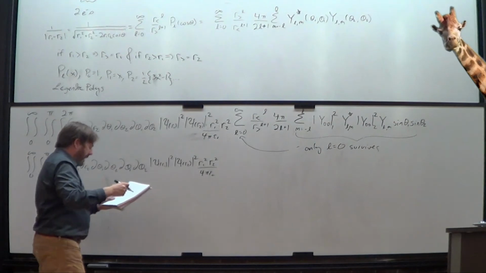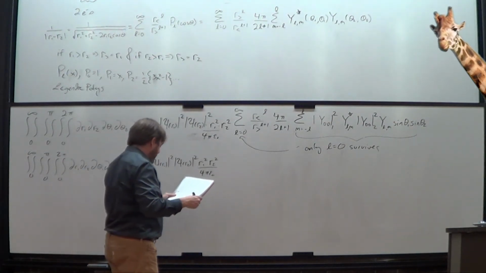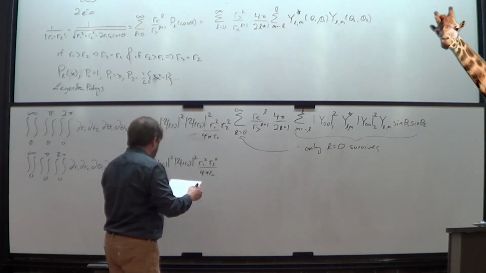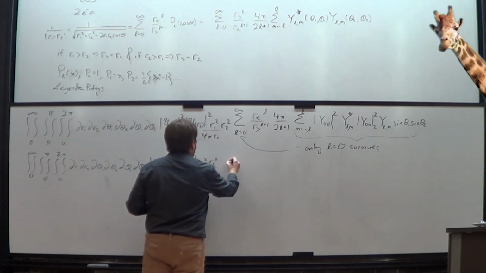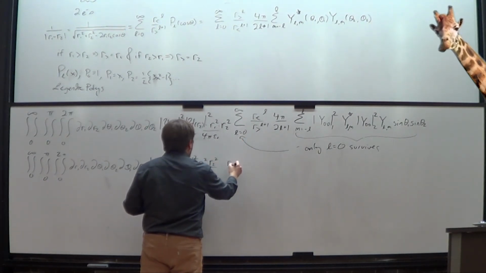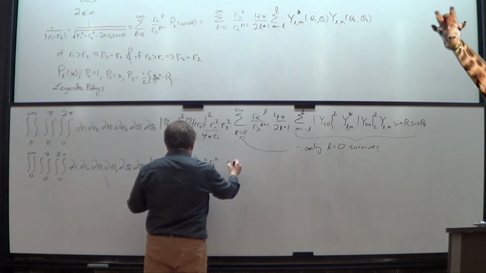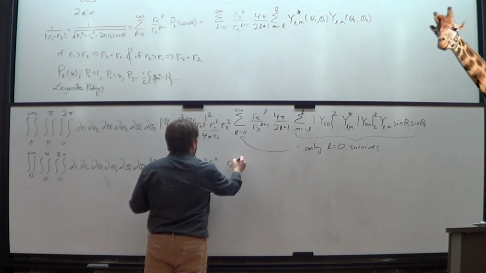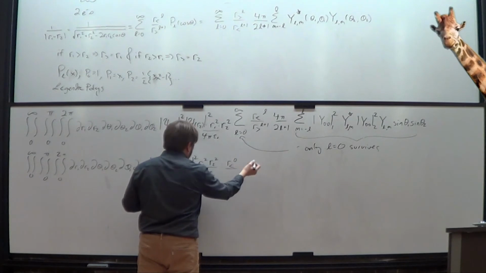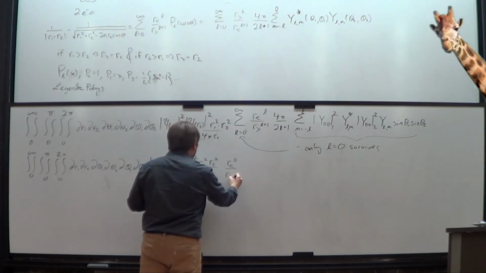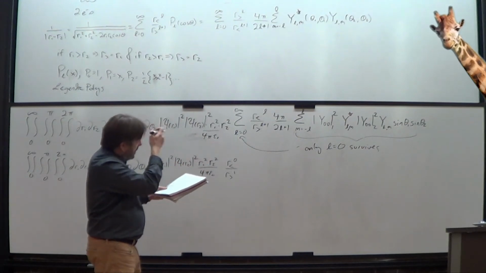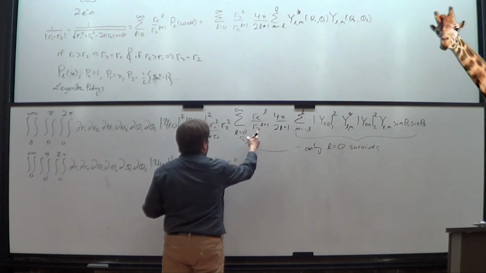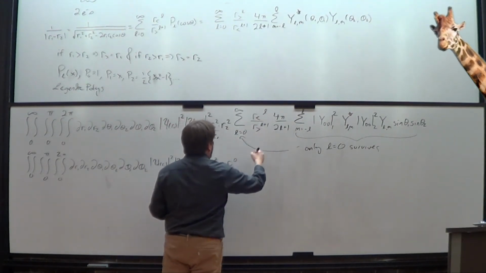That 1 over 4 pi is not going to go all the way to the very front. Okay, so there's only one term. Now I've got r less than to the 0, so there's nothing there. R greater than to the 1. So I'm saying only L equals 0, so that's what that does. So it's just 1 over R greater.